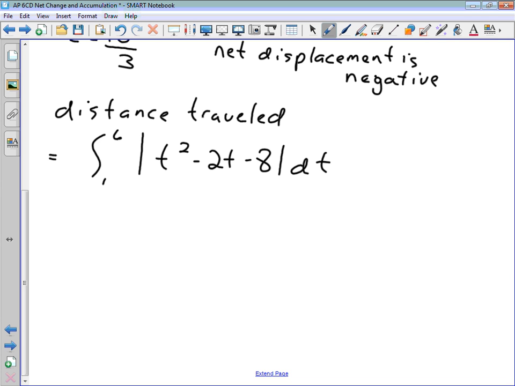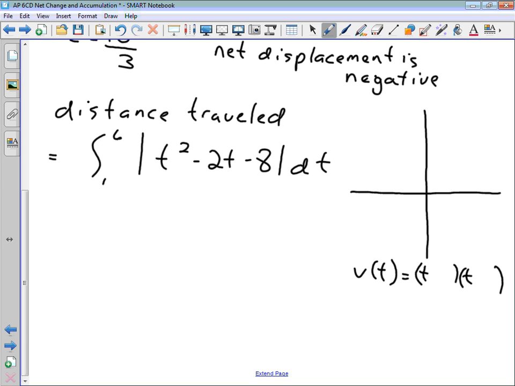Now, how do we do this? Seems pretty simple here. Let's think about what our velocity function looks like. It is a parabola. It opens up. We can factor it into, let's see, we've got 4 and 2.